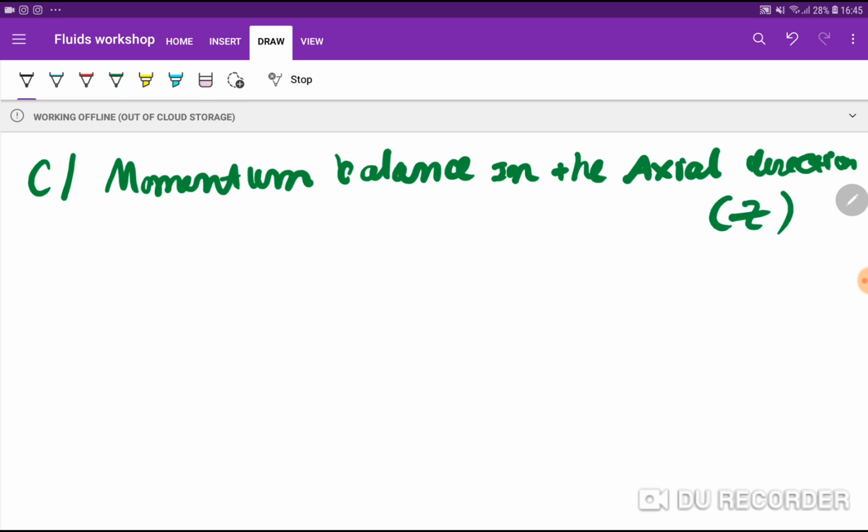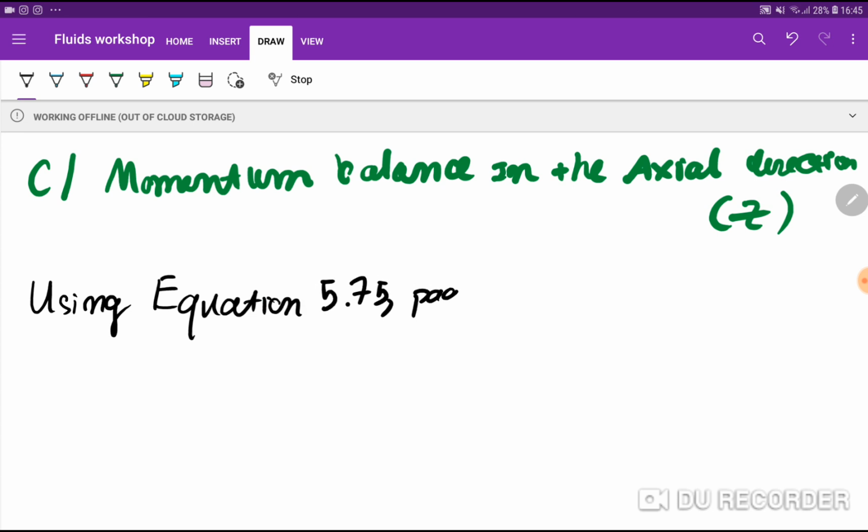Okay. So which equation will be used? Again, we will be using equation 5.7, page 282. So what does this equation say? It's a Navier-Stokes equation, but in the axial direction, right?